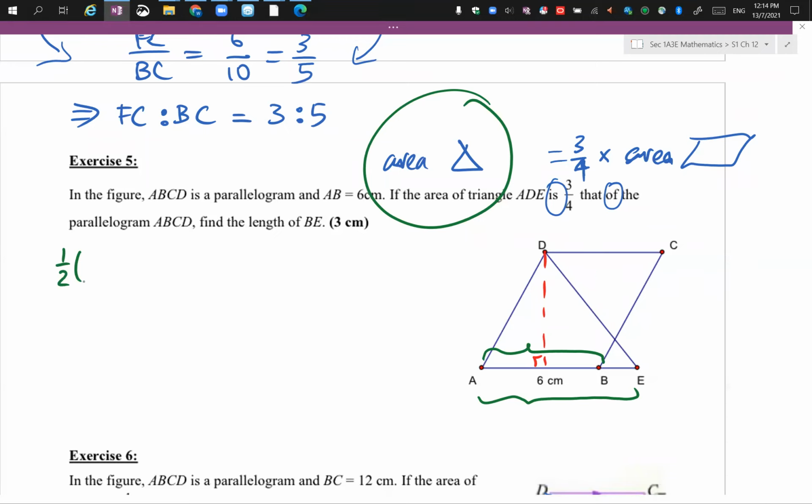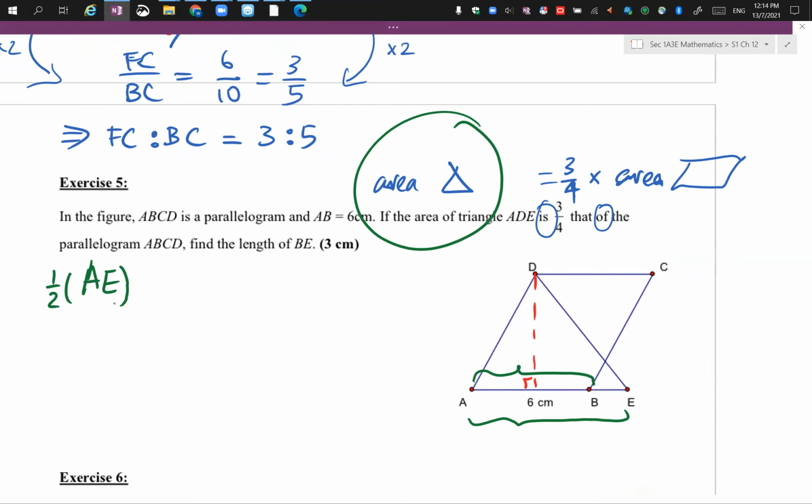And I multiply by the perpendicular height, I forgot to write. Let the common perpendicular height be H. Good practice.